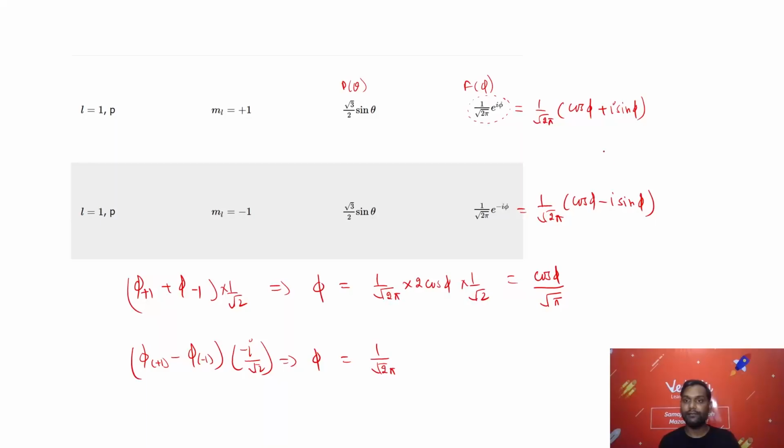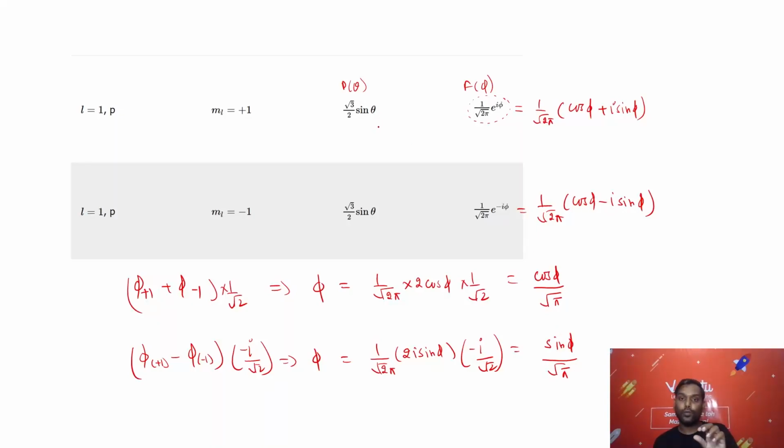When we subtract them, then cos phi gets cancelled. We get 2 I sin phi into minus I by √2. I square is -1, there is -1 already, so it becomes sin phi upon root pi.